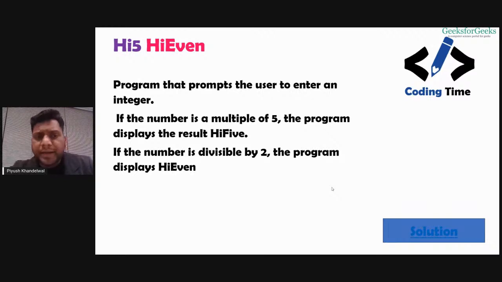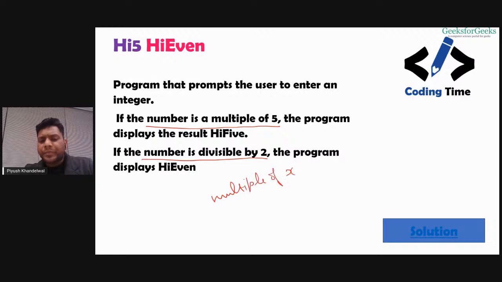What I need to do is check if the number is a multiple of 5 and if the number is divisible by 2. Multiple of x or divisibility by x means the same thing, right?